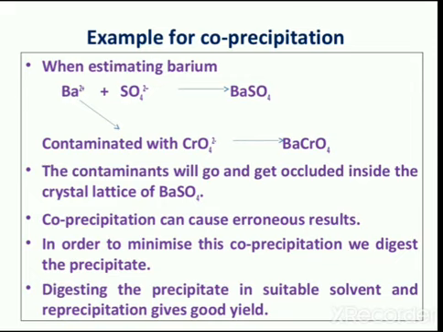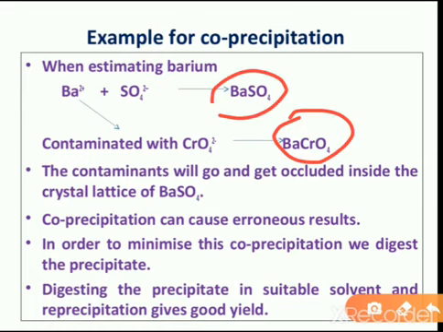Before that, we have to see that the post precipitation occurs due to the formation of barium chromate. Here, barium chromate is forming in addition to the formation of barium sulfate. So this is added with this and gives a higher amount of precipitate.